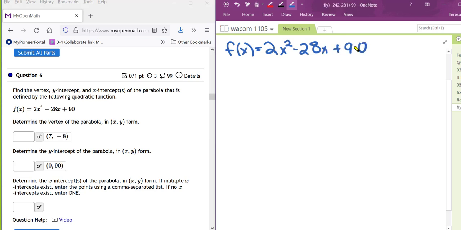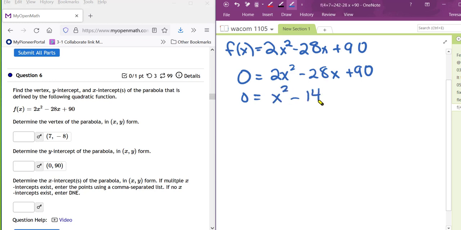So we're finding the x-intercepts, you set y equal to 0. And because these are all even, you can divide everything by 2, which will still leave you 0. And it gives you something much nicer. And this one will factor.